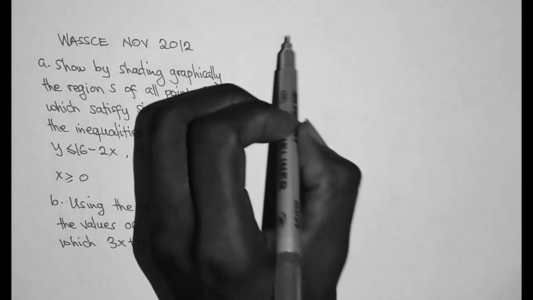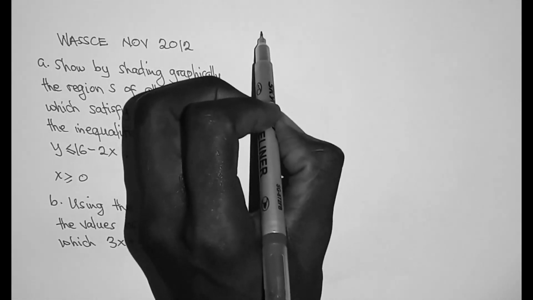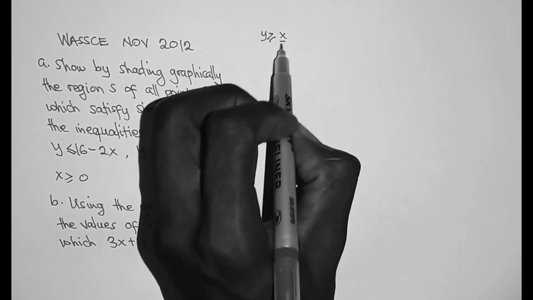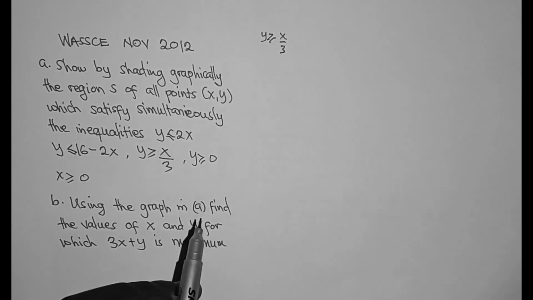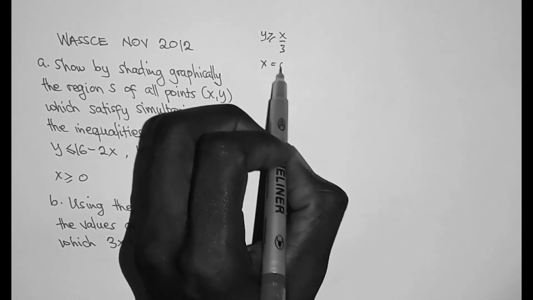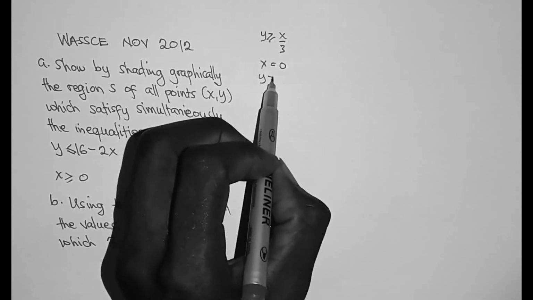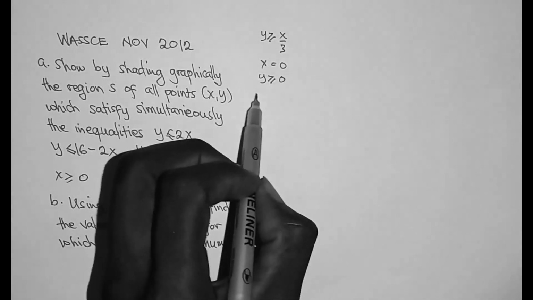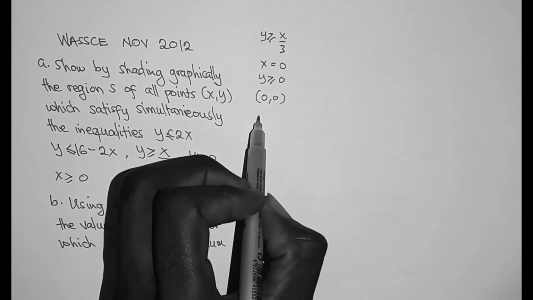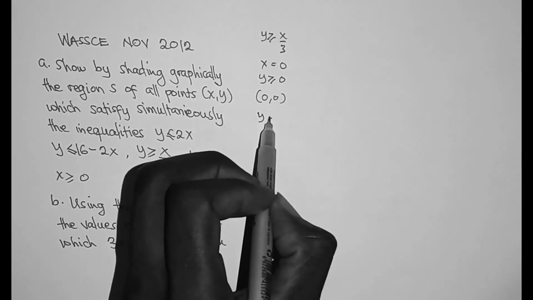So let's take the first one, which is y is greater or equal to x over 3. So let's set x equals 0. You see that y is greater or equal to 0, and therefore we have the point 0, 0. Now let's also set y equals 2.